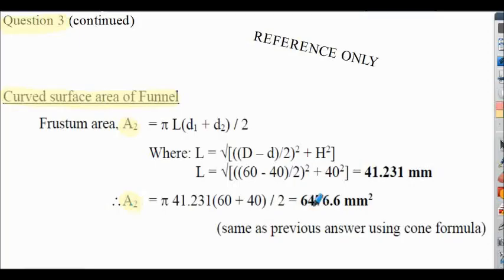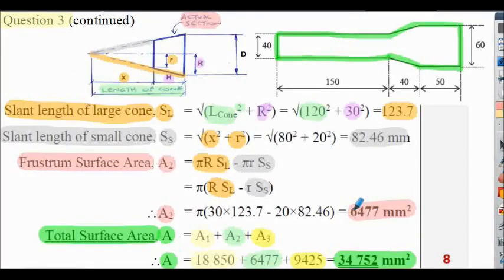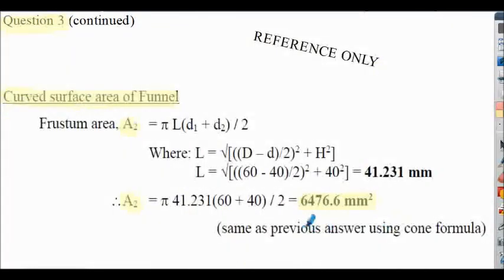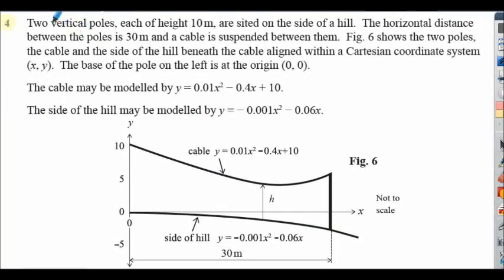And A2 is exactly the same as that we calculated previously using the similar triangles method. 6,477 millimeters squared, and the frustum cone 6,477 millimeters squared, to 4 significant figures. That's purely for reference. Question 4 relates to the calculus.